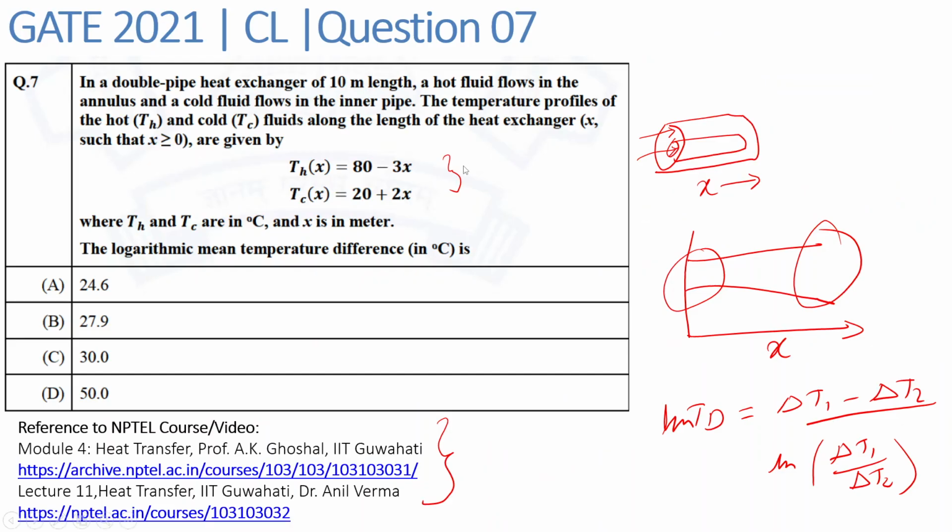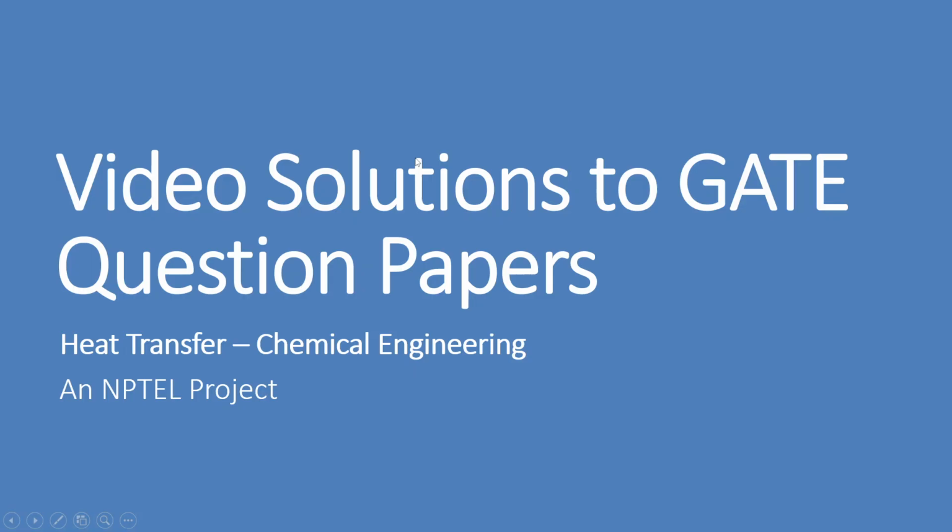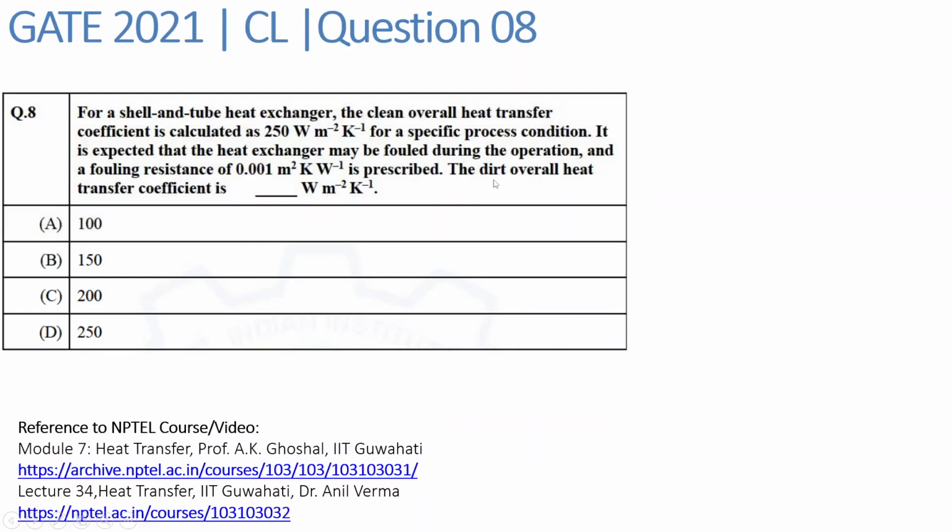The first question was based on LMTD, in which we were asked to find the log mean temperature difference given the temperature profile of hot and cold fluid. From the slopes of both the hot and cold fluid, you have to figure out whether this is a counter current heat exchanger or a co-current heat exchanger. In another question, we were asked to find the overall heat transfer coefficient for a dirty heat exchanger.